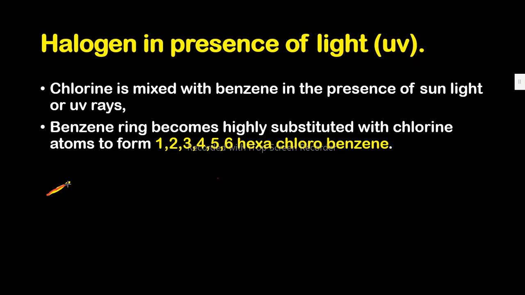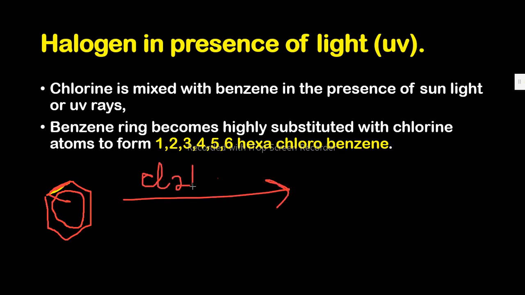So you have your benzene, and that's our benzene. And the benzene is mixed with chlorine in presence of UV, ultraviolet light from the sun.